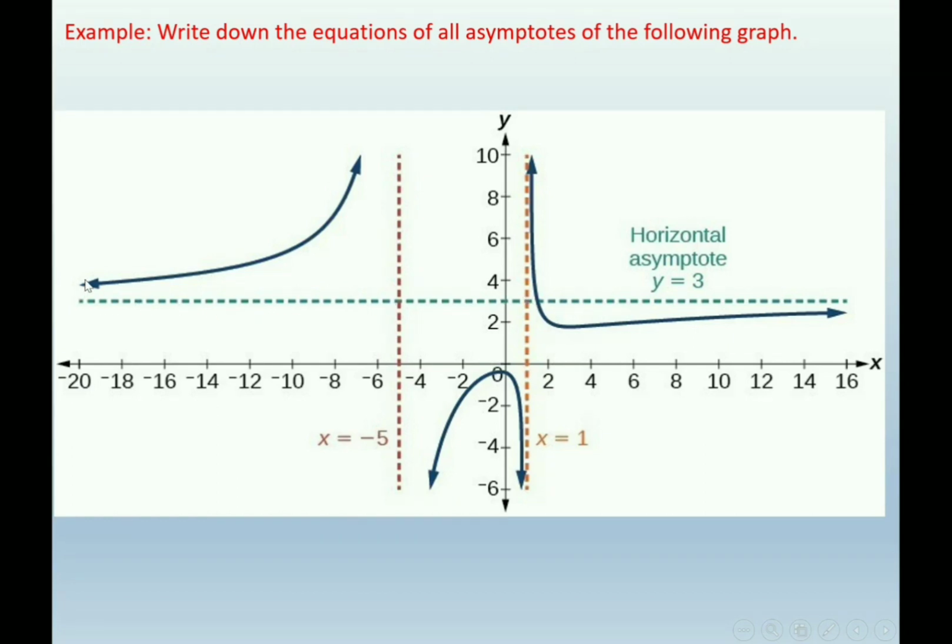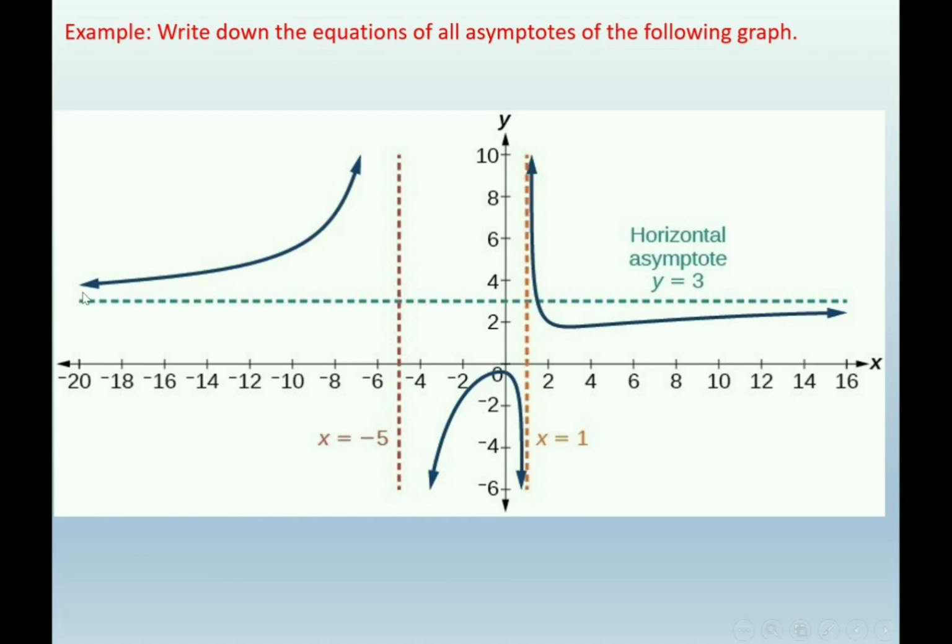You can see that your curve doesn't touch it, but we have a note telling you that the horizontal asymptote may touch the curve, but the vertical never touches the curve. In this one, we don't have any slant asymptote.